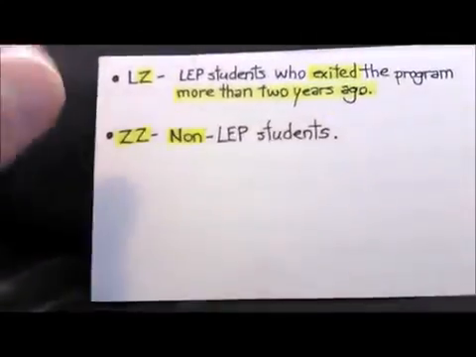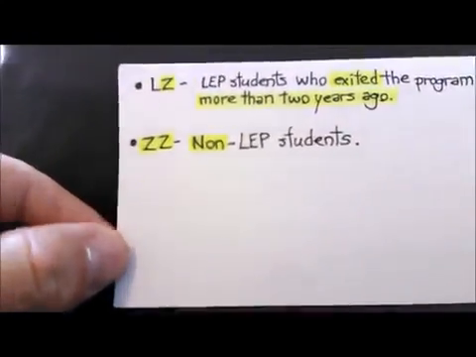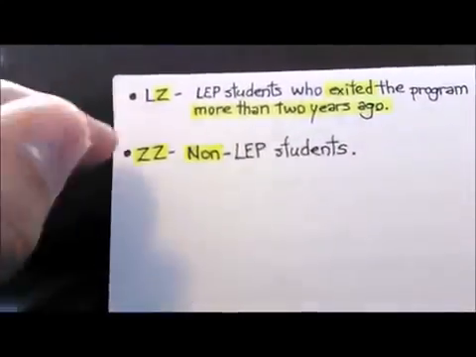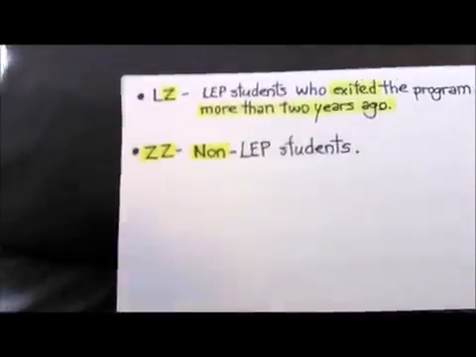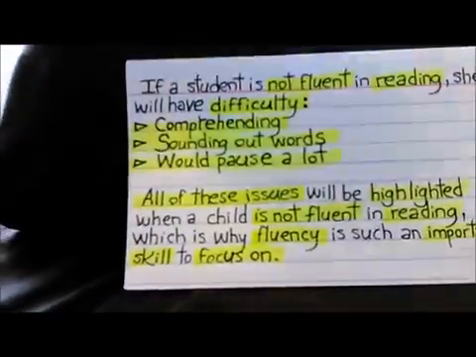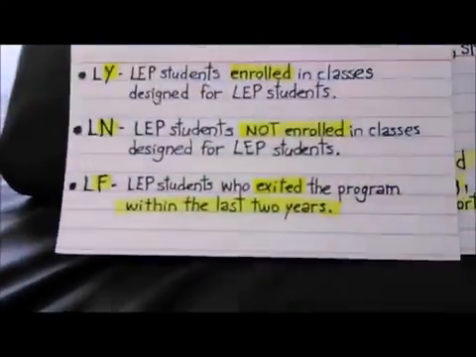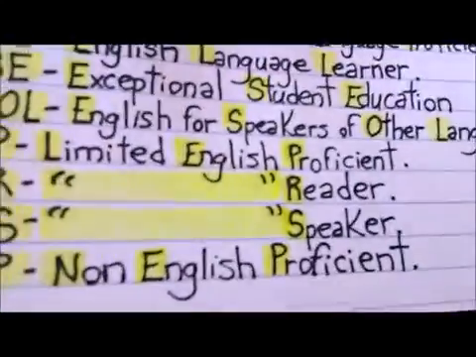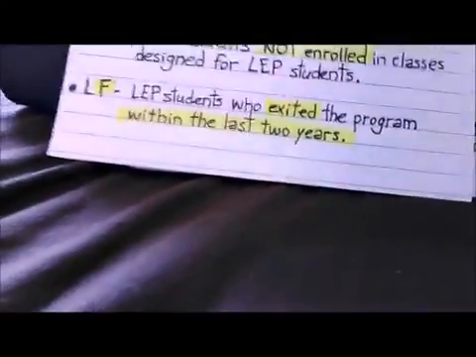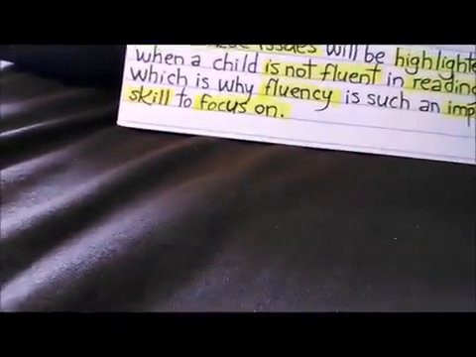LZ, LEP students who exited the program more than 2 years ago, and ZZ, non-LEP students. Those are little codes right there. And remember that LEP, Limited English Proficient, is what it meant. Okay.